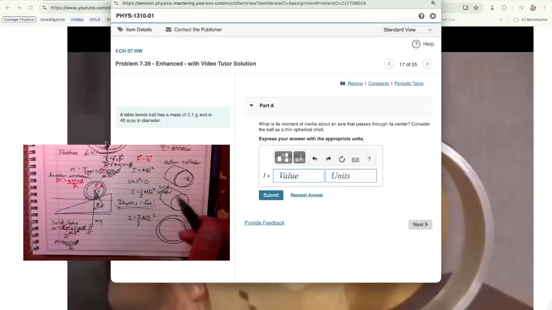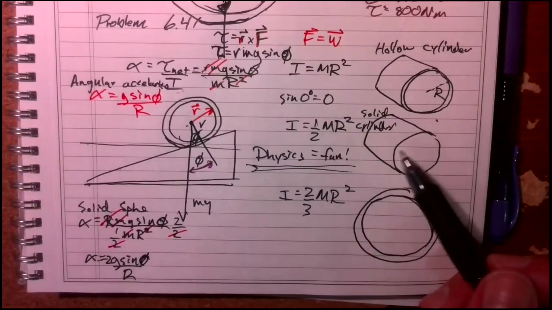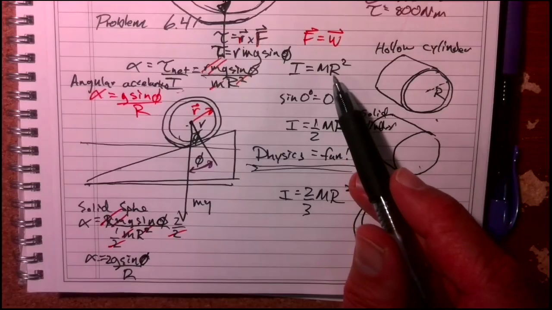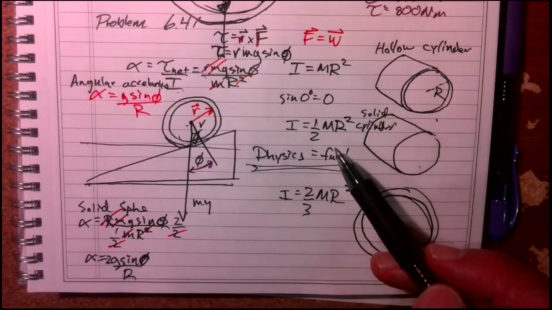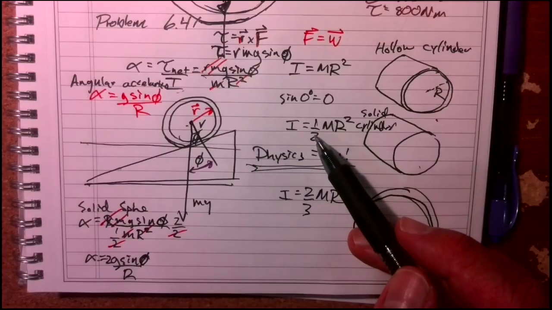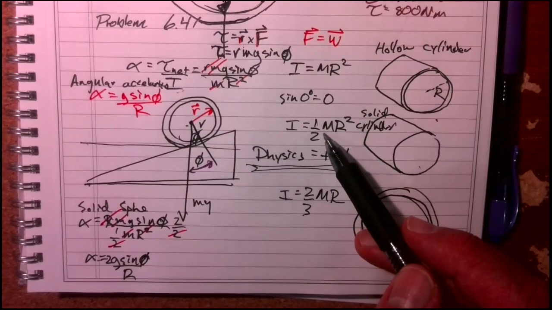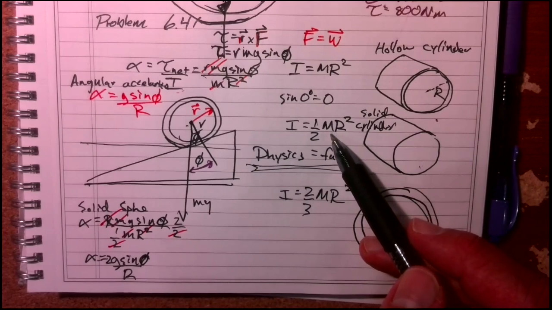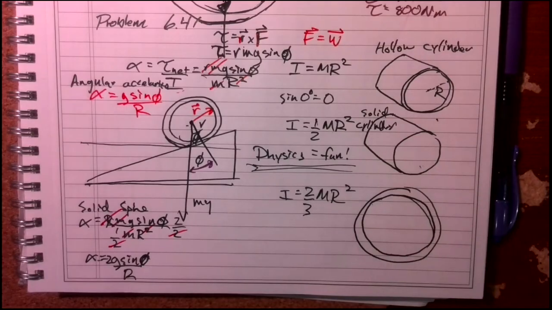And the big takeaway from all of this is that if the moment of inertia is smaller, it's easier to make it rotate. It will rotate faster because it will accelerate faster down a hill.